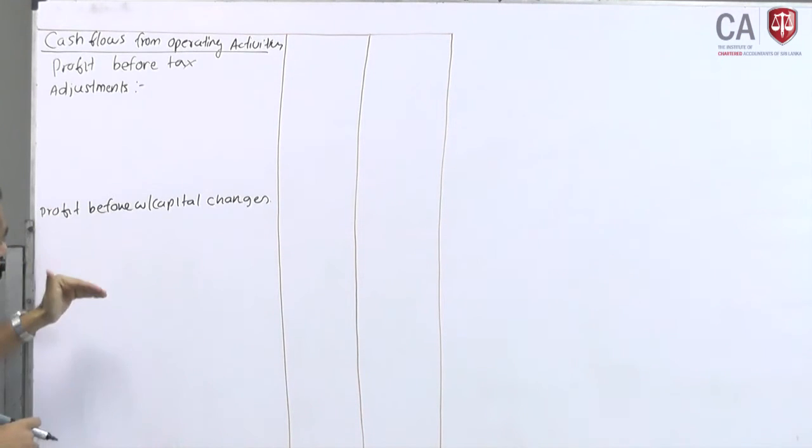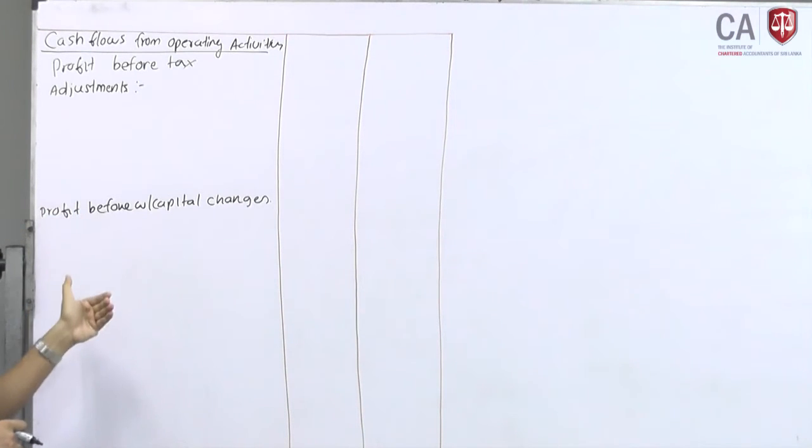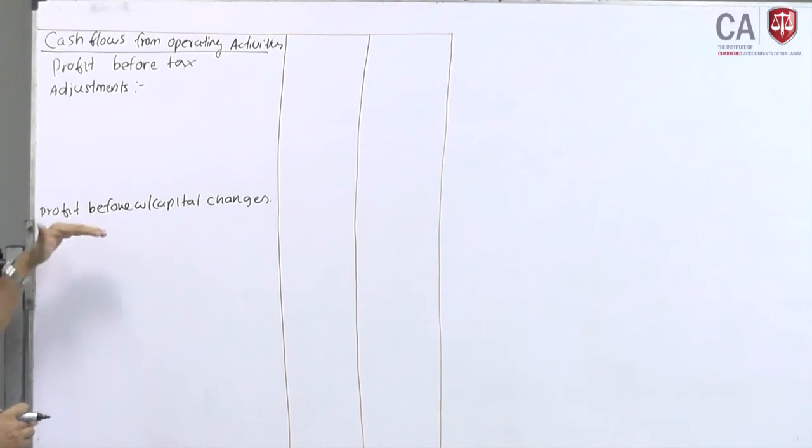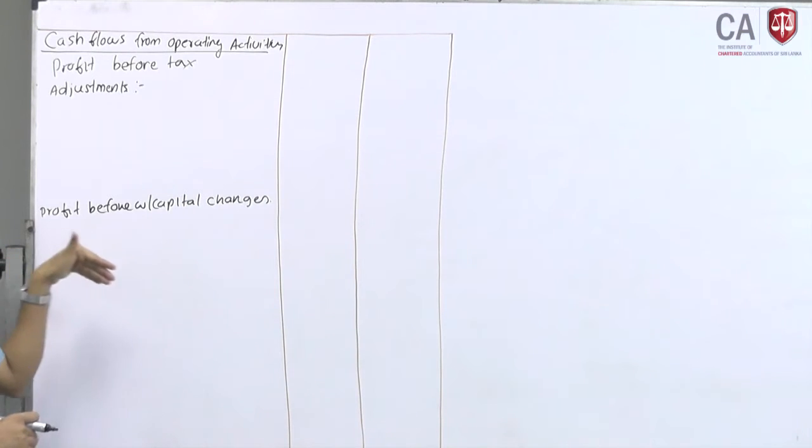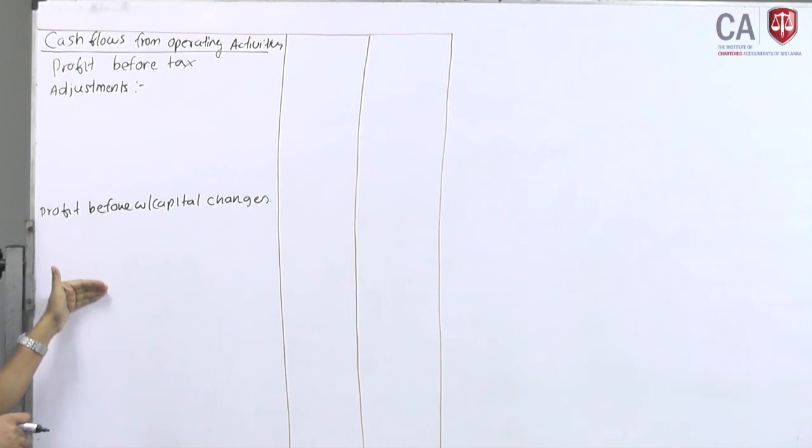Now, under this part, what will I list? The items to be listed under this caption, the working capital changes, should be the effects of accrual transactions, and this is where I will show the changes of inventories, the changes of debtors, the changes of trade payables. I will start listing down the accrued elements of the transactions under working capital changes.